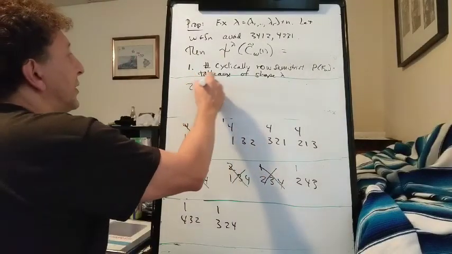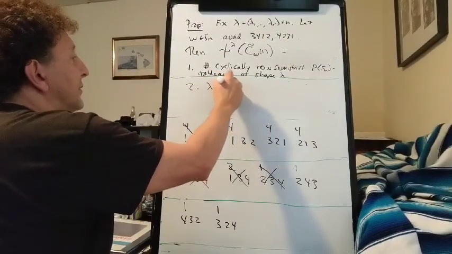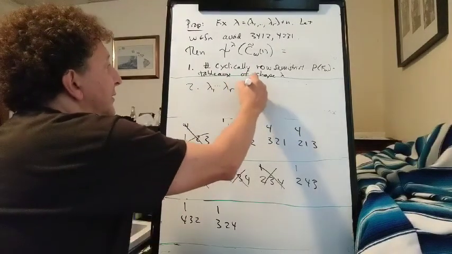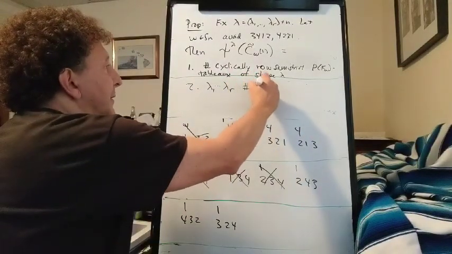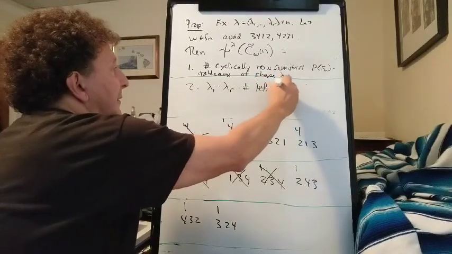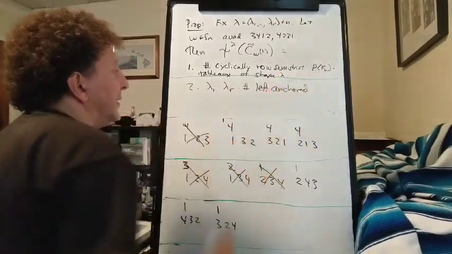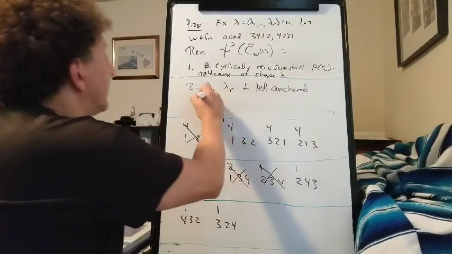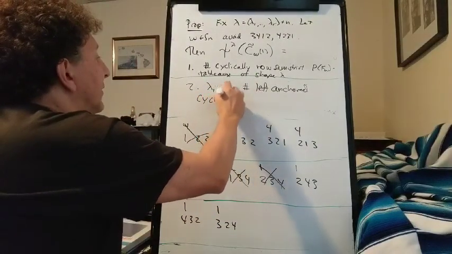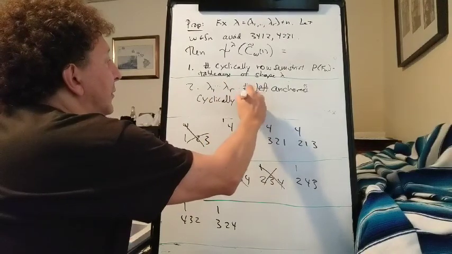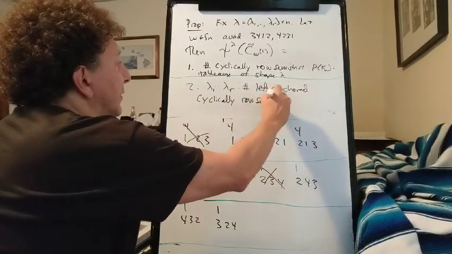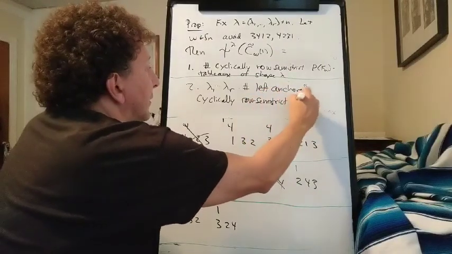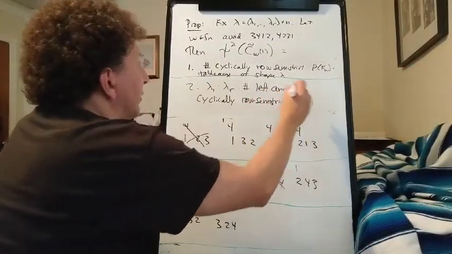Also it equals lambda 1 times all the parts multiplied from lambda 1 to lambda r times the number of left anchored, so that means the lowest index comes first, cyclically row-semistrict P_F tableau of shape lambda.